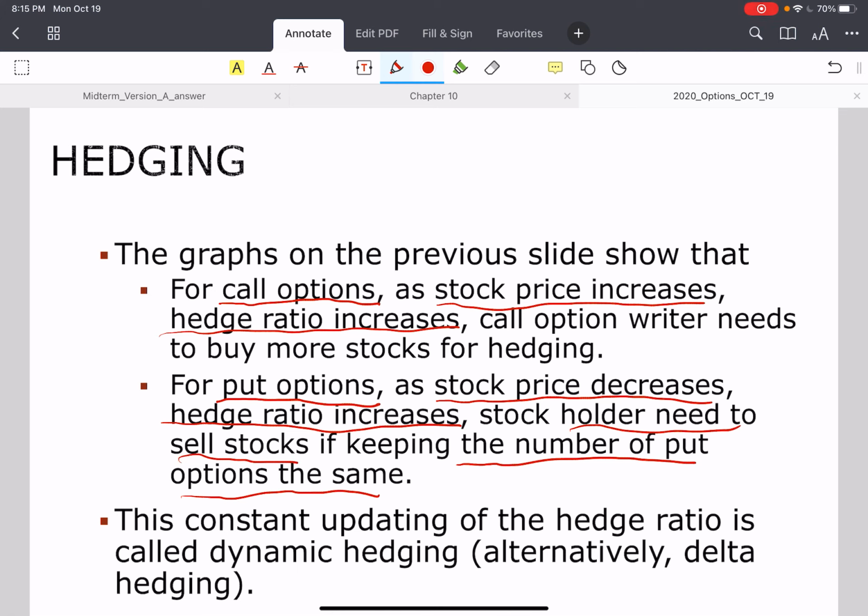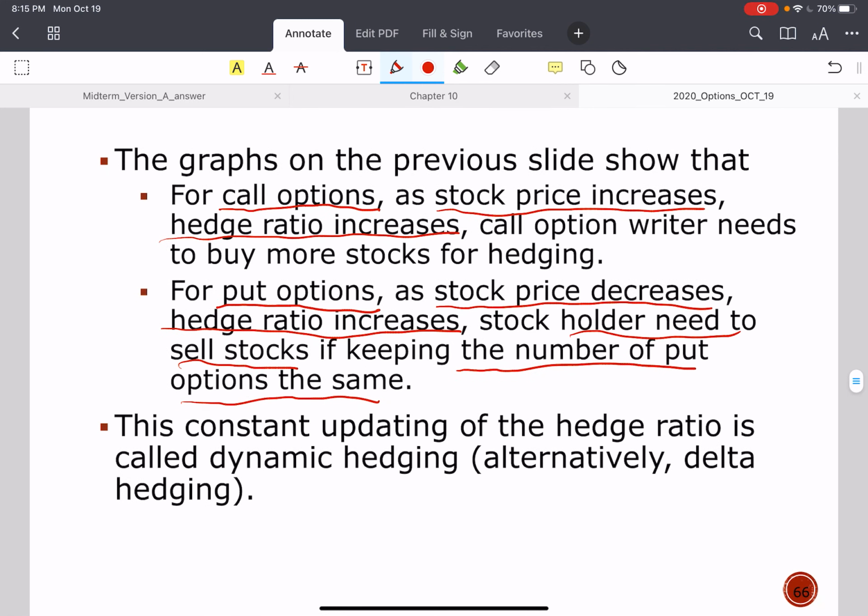So this is called dynamic hedging or delta hedging. It's called dynamic hedging because as share price changes, you will dynamically rebalance your hedging portfolio. It's called delta hedging because the hedging is based on option delta.